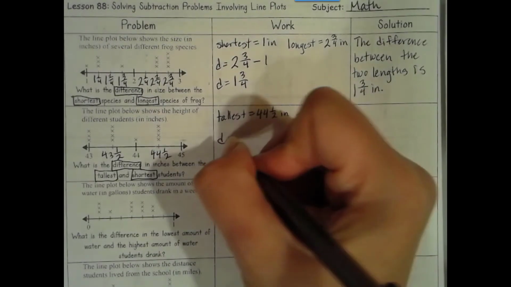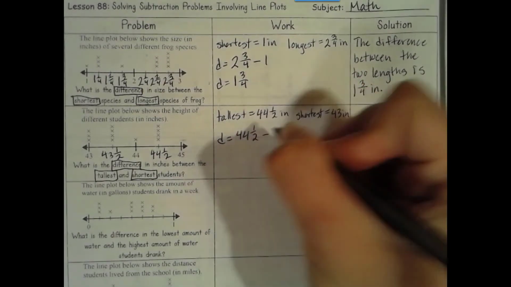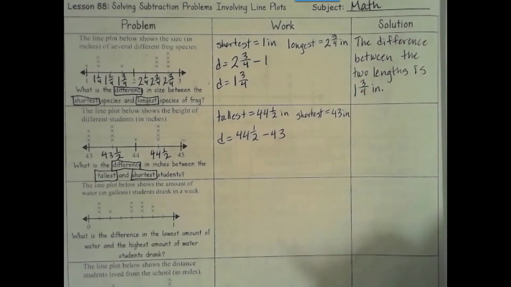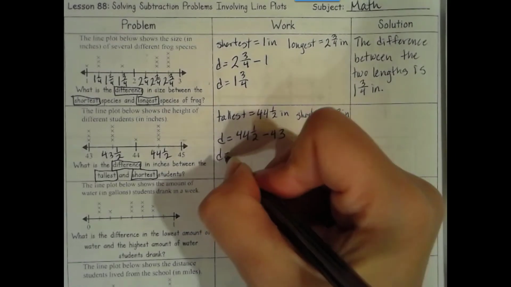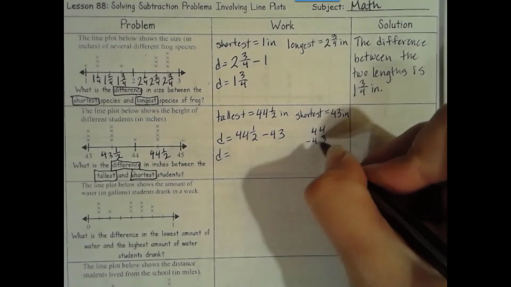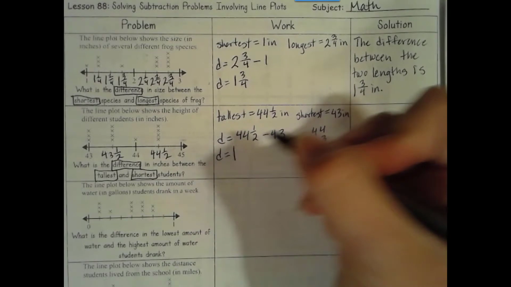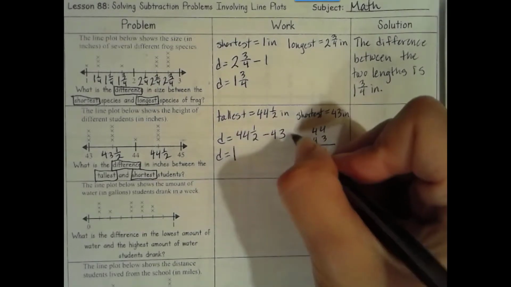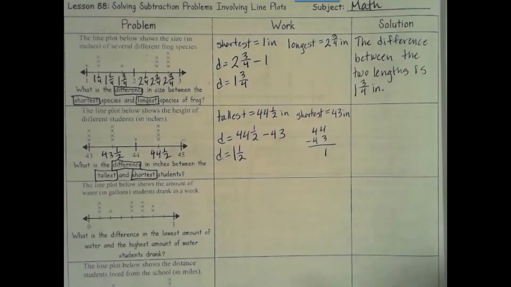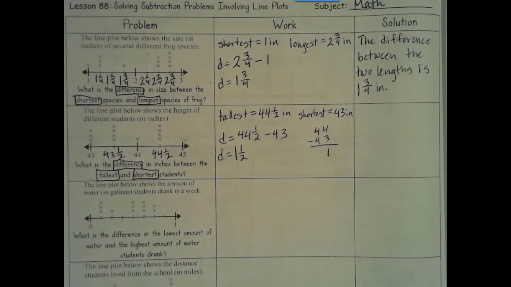So our difference is the tallest, take away the shortest. So 44, take away 43, we get 1. 1/2, take away no fraction, is 1/2. So the difference is 1.5 inches.